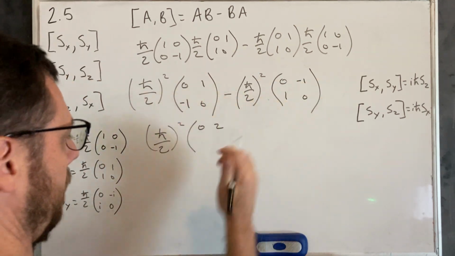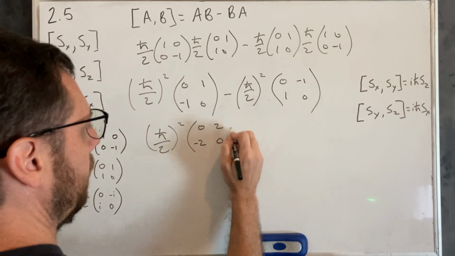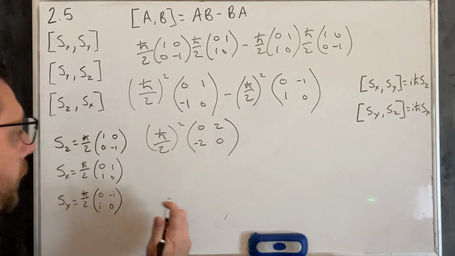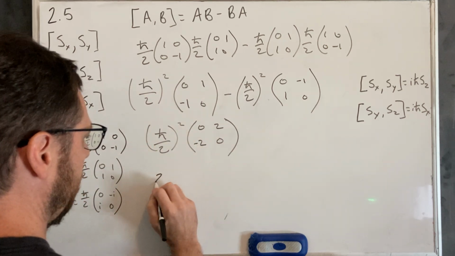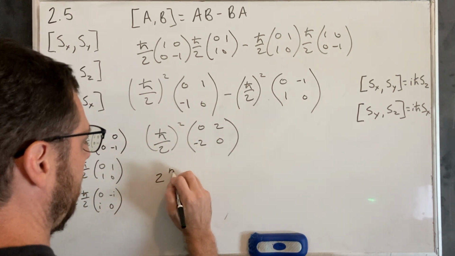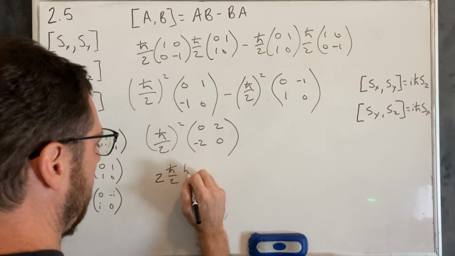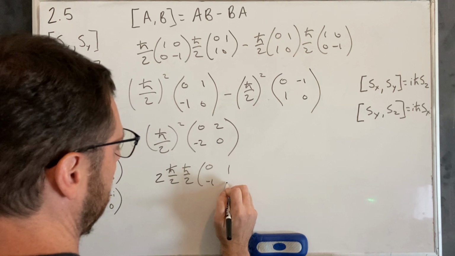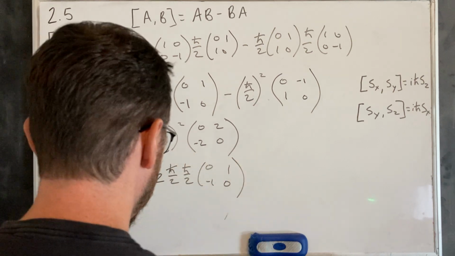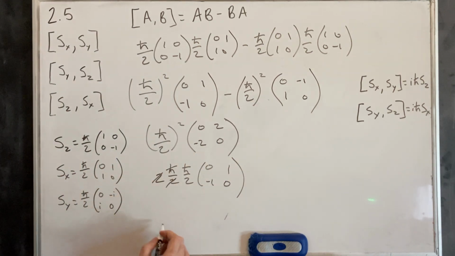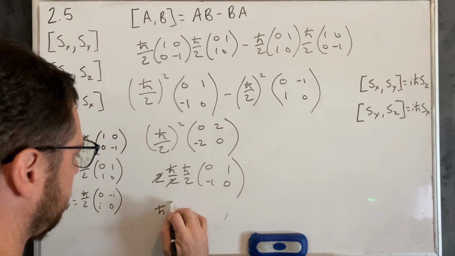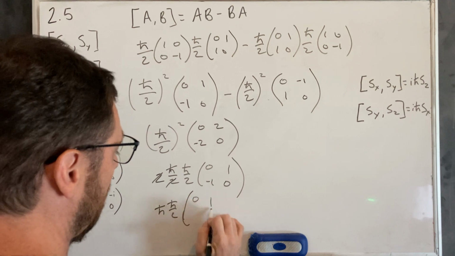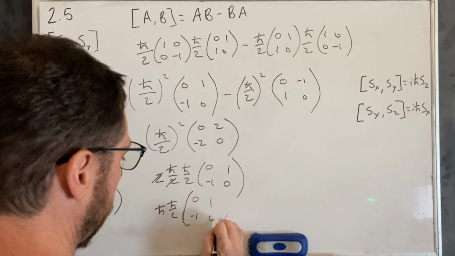Negative 1 minus another 1 would be negative 2. And 0. All right, let's pull out a 2. Let's do 2 h bar over 2, h bar over 2, 0, 1, negative 1, 0. Okay, and 2's cancel. And we're left with h bar over 2, 0, 1, negative 1, and 0.